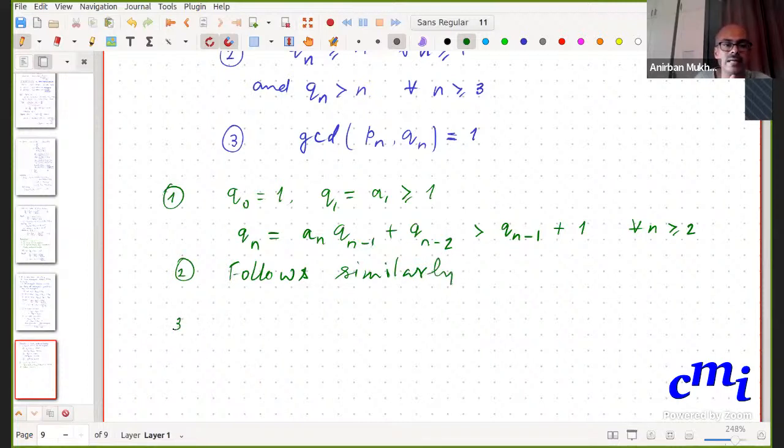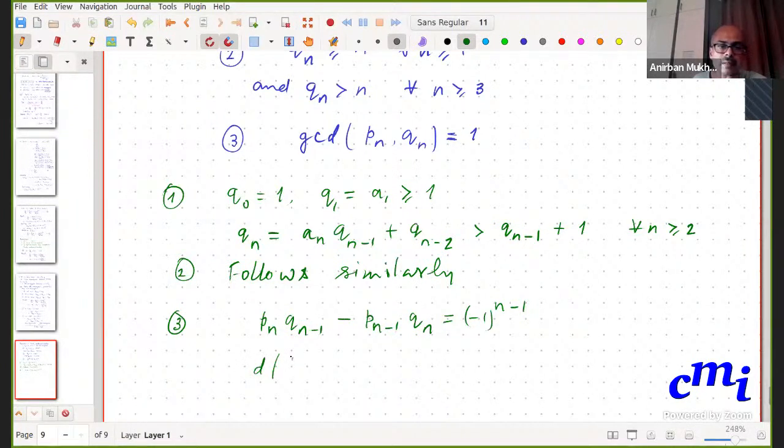The third one is very easy from the formula that we have proved: Pn Q_{n-1} minus P_{n-1} Qn is equal to (-1)^(n-1). And therefore, Pn and Qn cannot have a common divisor other than 1.